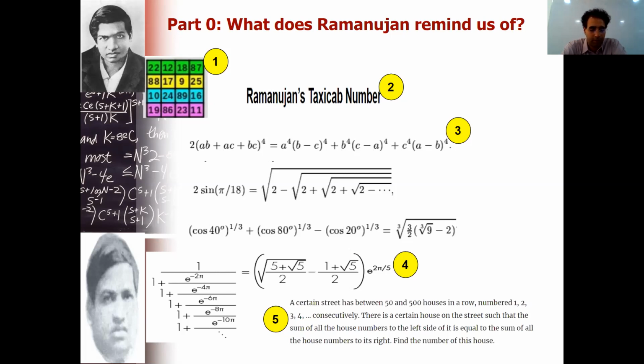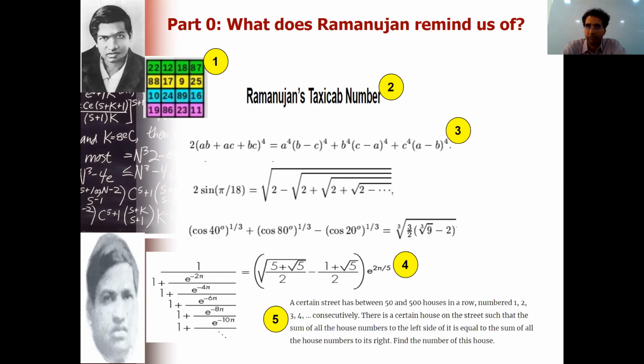So Mahalanobis posed a puzzle to Ramanujan, saying that he had been asked a question for which he didn't have an answer. The question being that there are between 50 and 500 houses in a row, and there is this specific house where if you take the numbers to the left and the numbers to the right, both these sides sum up to the same value. And he was asking, what could be the total number of houses in the row.